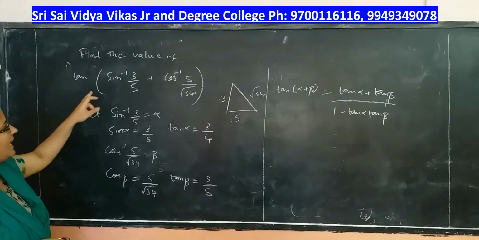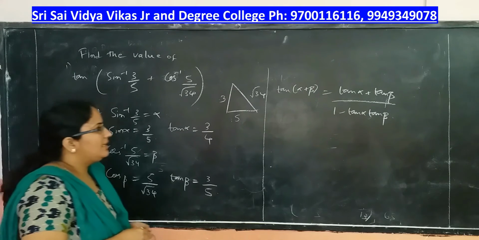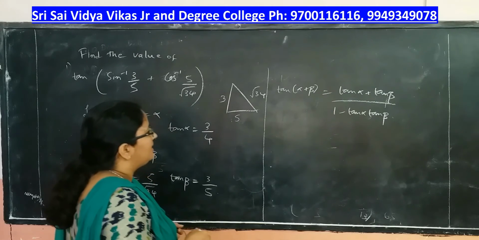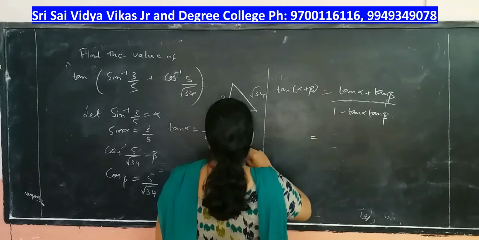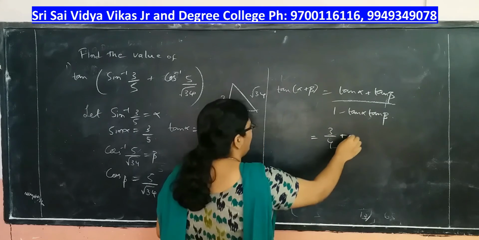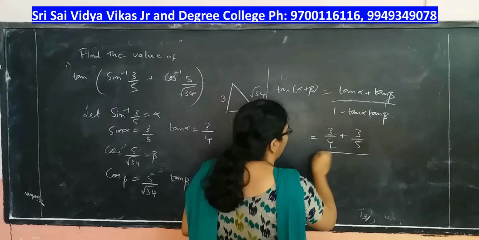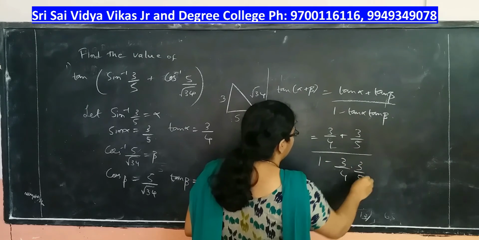Now you have to find tan of alpha plus beta. Tan of alpha plus beta is tan alpha plus tan beta by 1 minus tan alpha tan beta. Here tan alpha is 3 by 4 plus tan beta 3 by 5, by 1 minus 3 by 4 into 3 by 5.